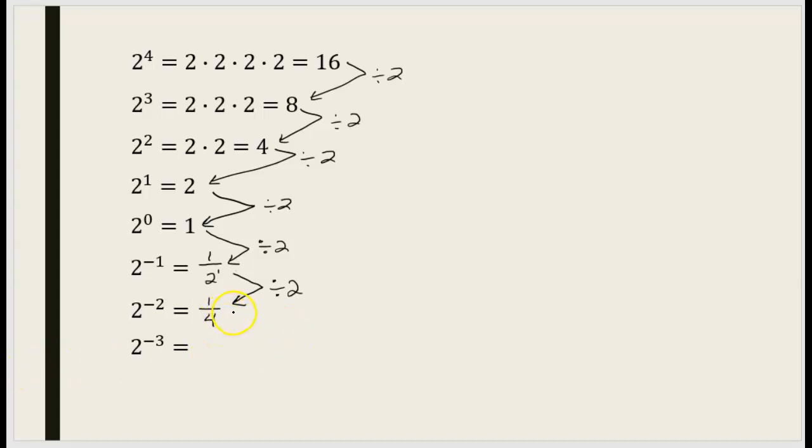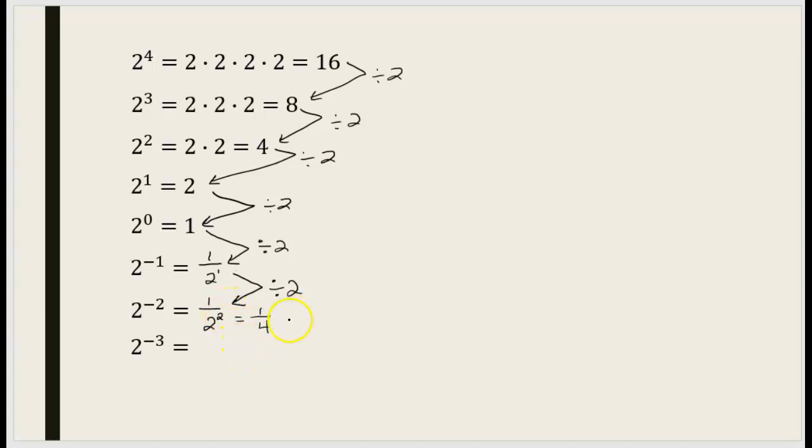Okay, and of course I'm going to write this a little bit differently. Give me a second here. So I'm going to move that over to the right a little. But what I want to start with is saying this is the same thing as 1 over 2 squared. And that's the same thing as 1/4, okay?